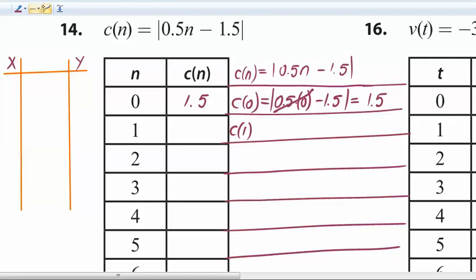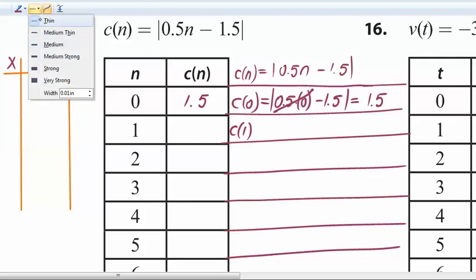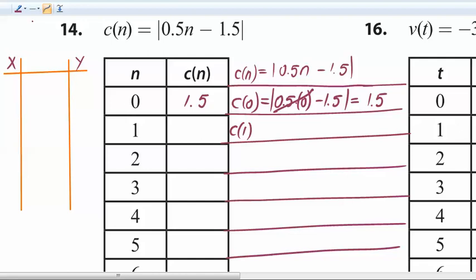And hold on a second. Okay, we're already using the thinner line here. C of 1 will be the absolute value of 0.5 times 1 minus 1.5. Well, 0.5 times 1 would be 0.5. So I have 0.5 minus 1.5 in absolute value.